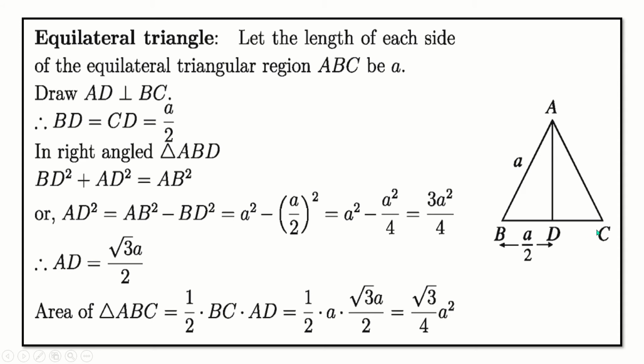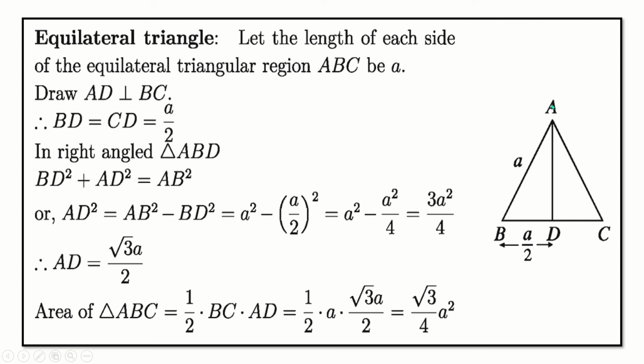As BC equals a, BD or CD equals a divided by 2. As AD is perpendicular on BC, we can say ABD and ADC are both right angle triangles.